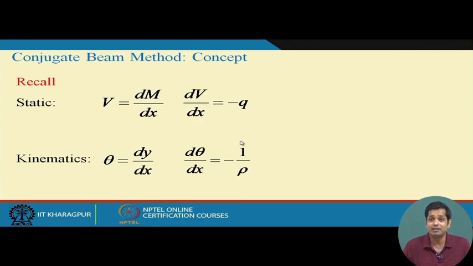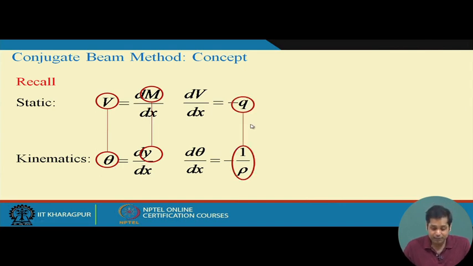Now, let us see what the similarities are. V equals dM/dx and theta equals dy/dx. If we take V as a static variable related to the static variable M, then the way V is related to M, theta is related to y in the same way, isn't it?